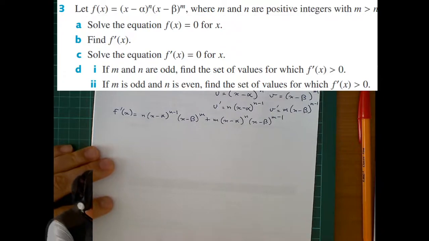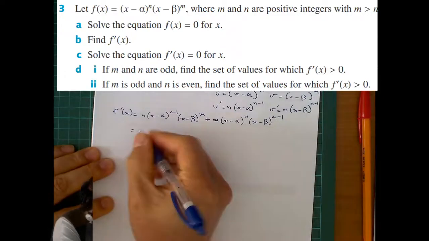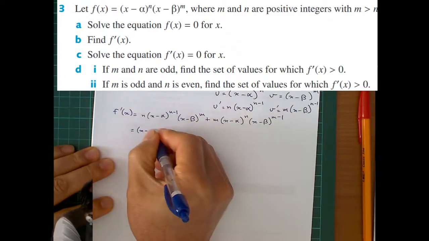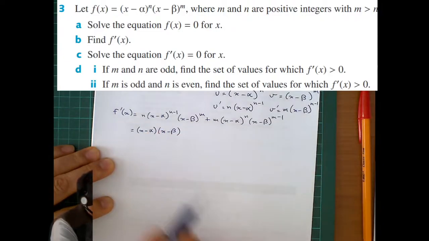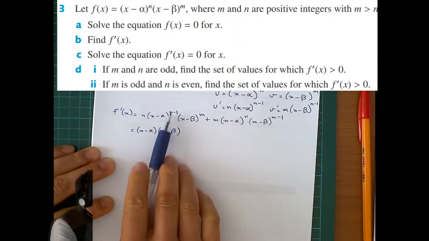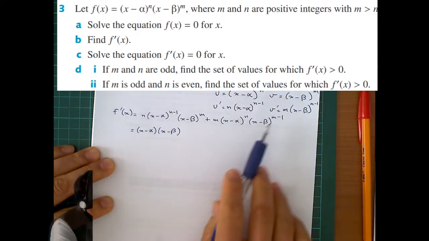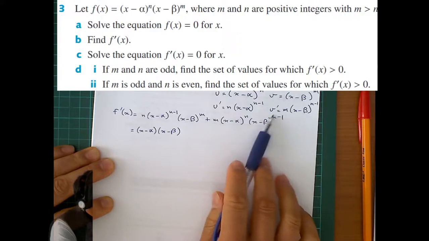Okay, the common factor is going to be x minus alpha, x minus beta to the lowest power for each term. So the lowest power is n minus 1, and for x minus beta is m minus 1.